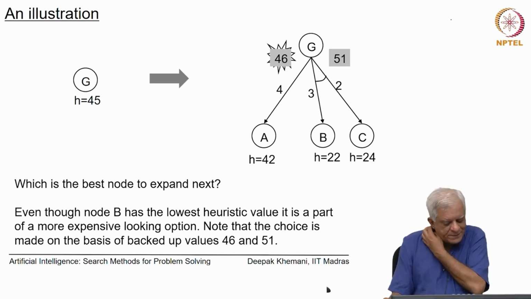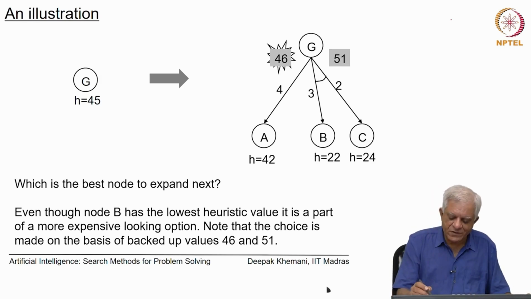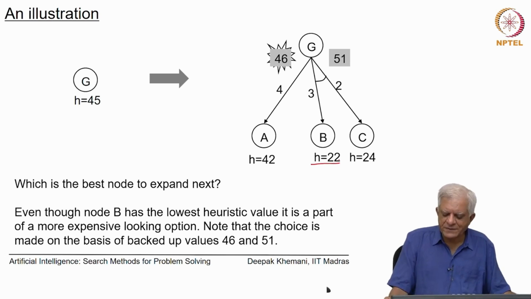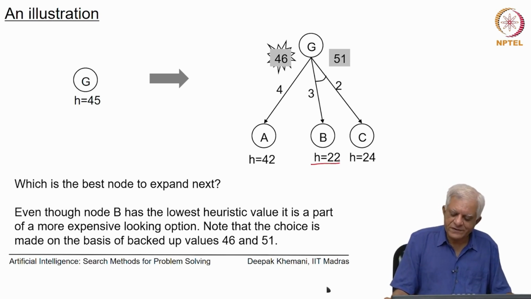Now, even though B appears to be the cheapest node because it has the cost of 22, it may not be the best choice because we are looking at it from the perspective of the root node, which is the goal node.